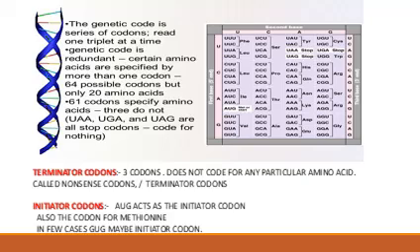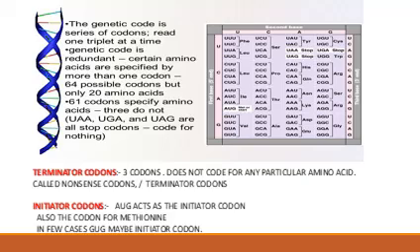They are UAA, UGA and UAG. The remaining 61 codons specify amino acids. So some of the amino acids can be specified by more than one codon. For example, in the case of leucine, as you can see in the table here, leucine may be specified by CUU, CUC, CUA and CUG.